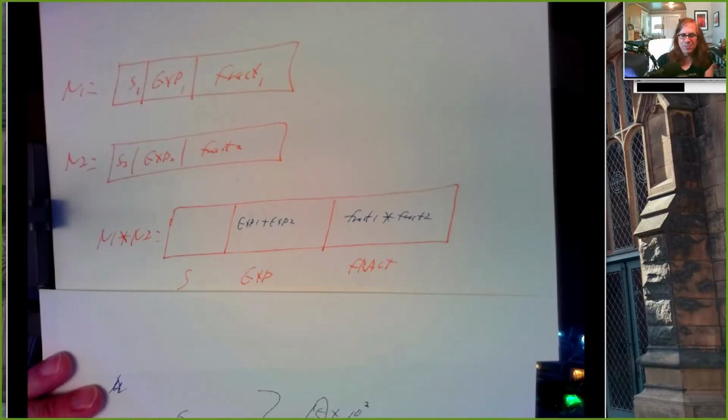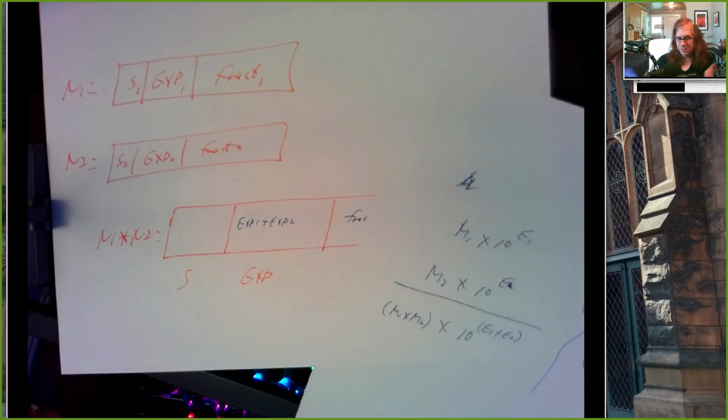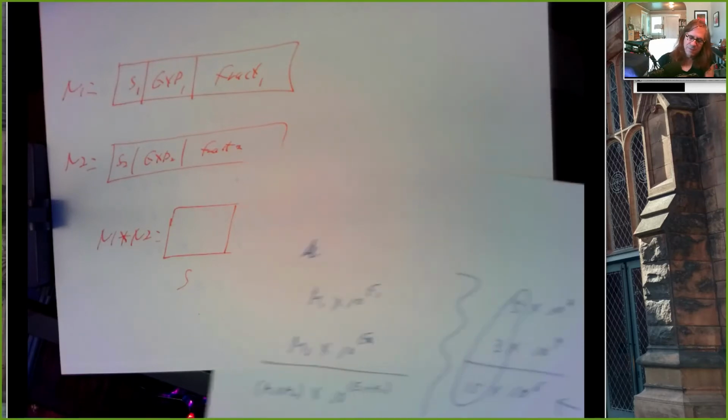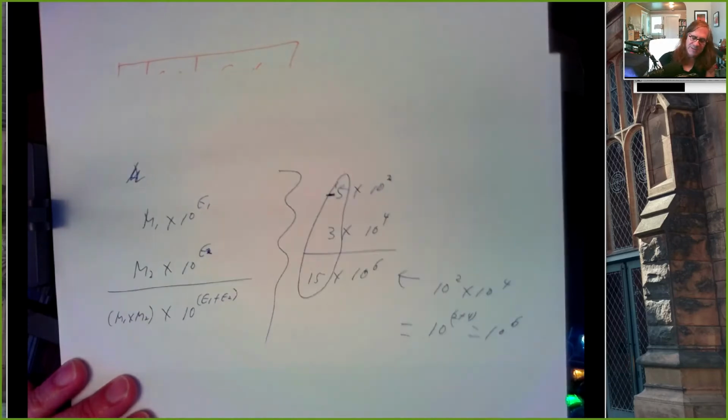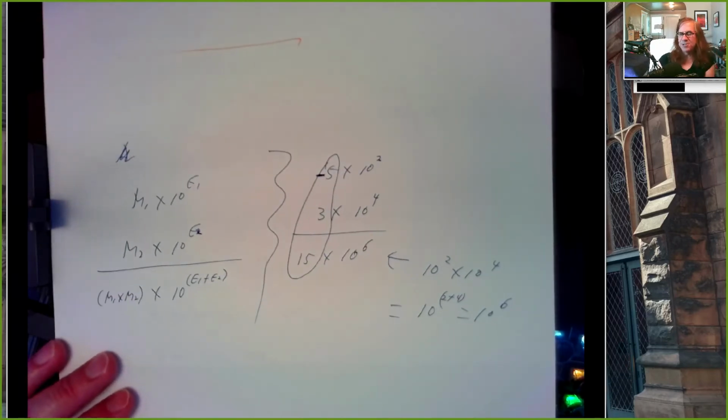What about the sign bit? So suppose this first number is negative, the second number is positive. How does my answer change?